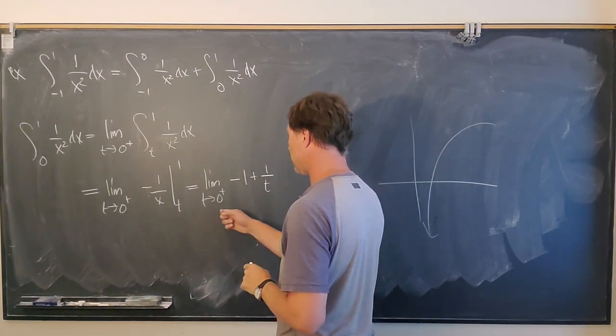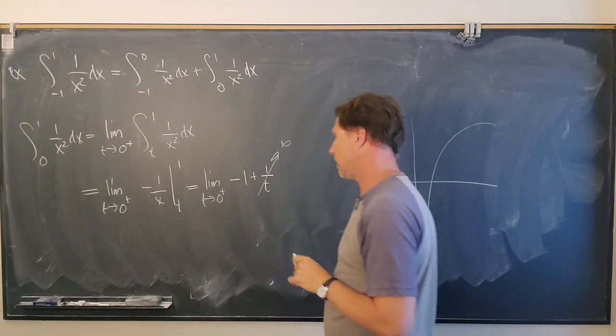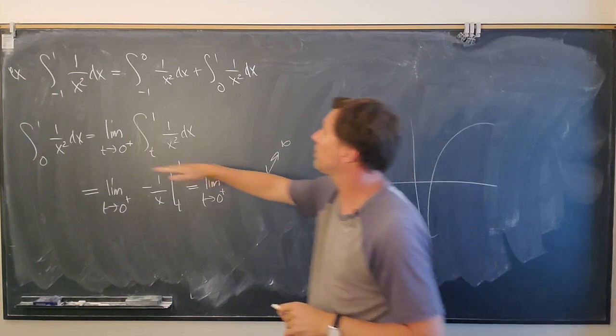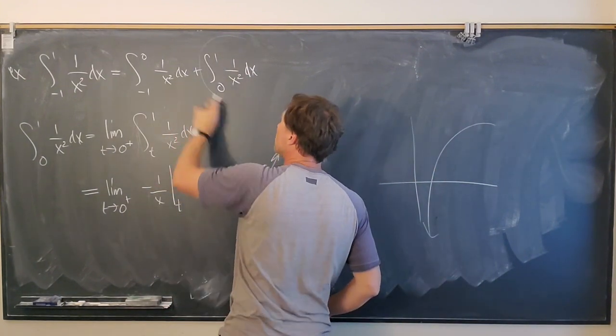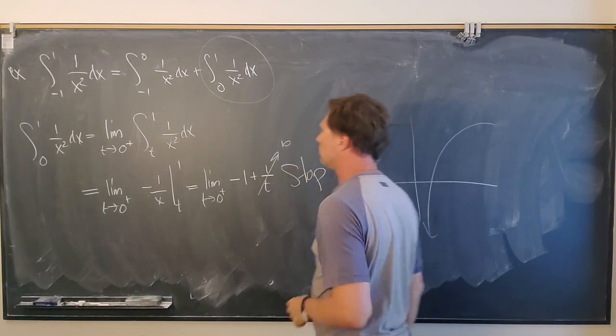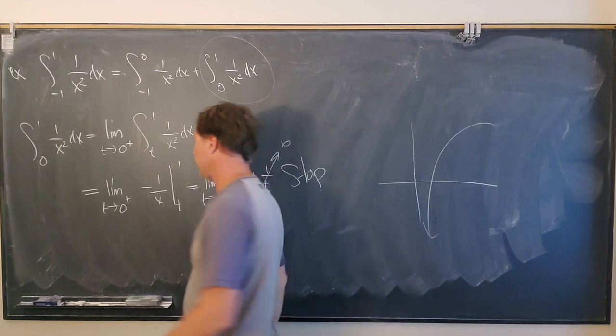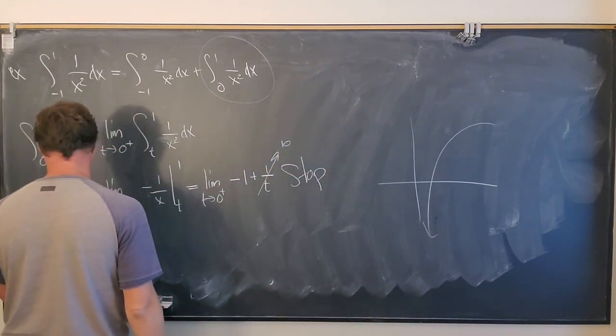And as t approaches 0, that is approaching infinity. That tells us that this first piece is divergent. So we can stop right here. As soon as we know that one of them is divergent, the entire improper integral is divergent, and so this is divergent.